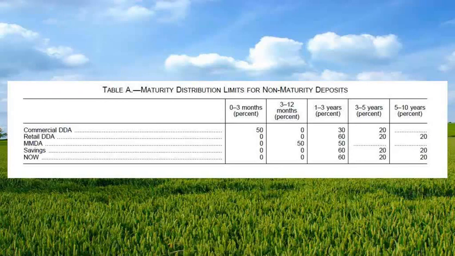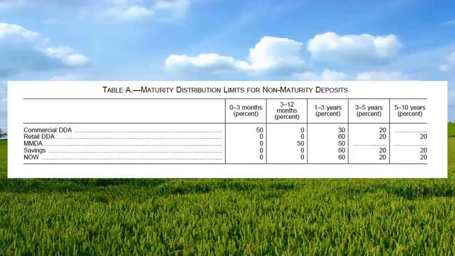But what we have here is a copy out of the Federal Register of what the regulators had published as the maximum allowable maturity distribution limits for non-maturity deposits without some form of documentation otherwise. So as you can see, you can lay out your average lives like this.